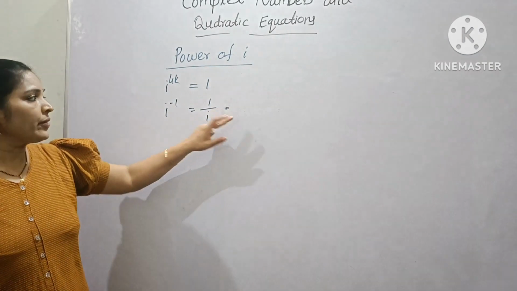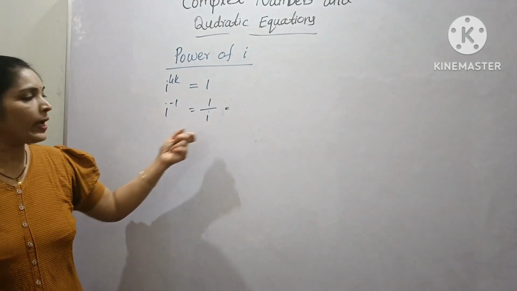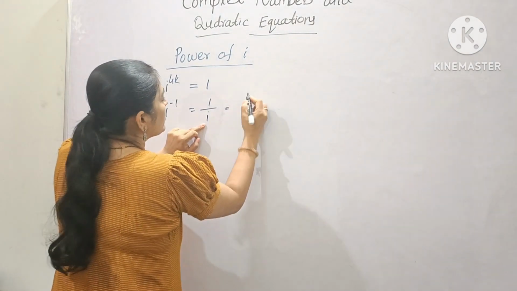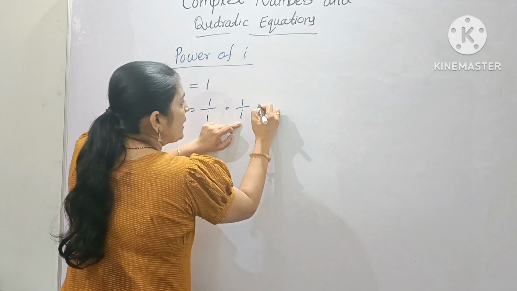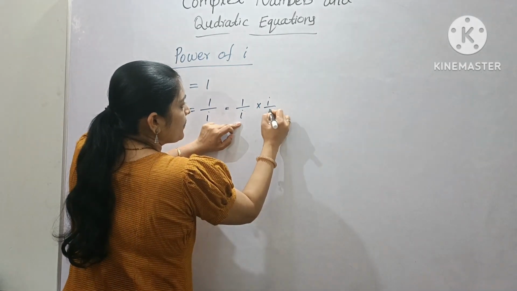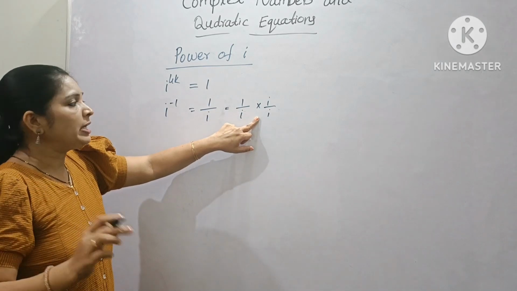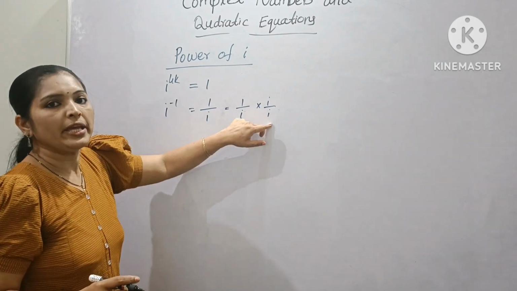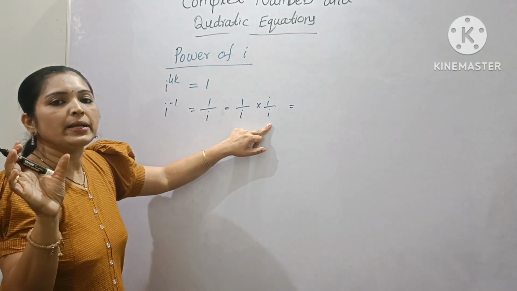So we have to make this denominator a real number. For that, what will we do? 1 by i, multiply and divide by i.